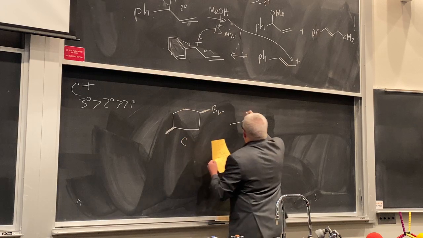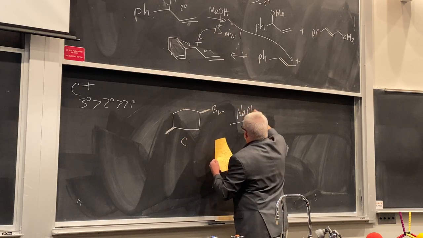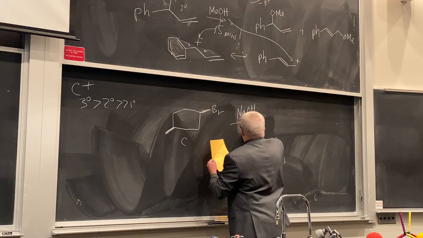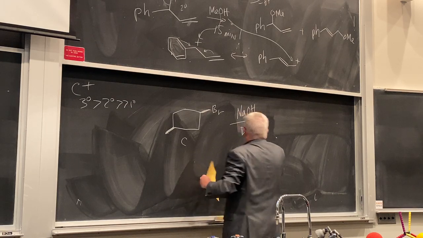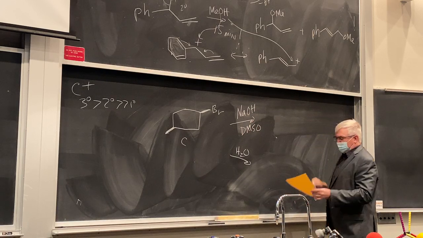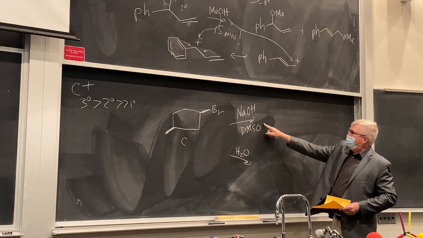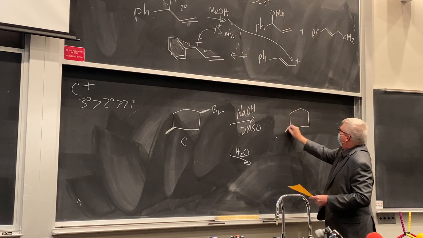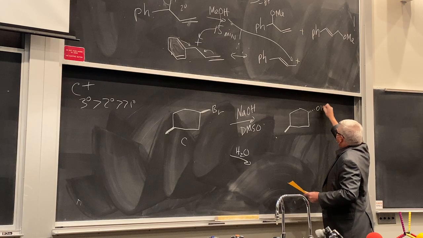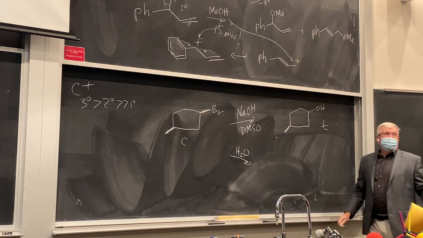And let's do it with sodium hydroxide in DMSO. And let's do it in water. I'll give you some results here. This one's fast. It's done in 30 minutes. And it gives us what product? This is the trans only.